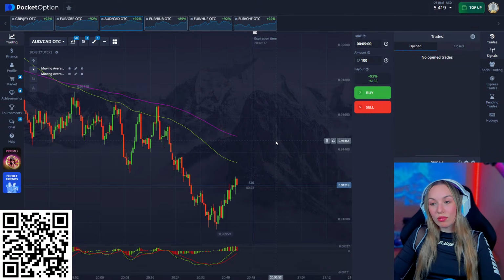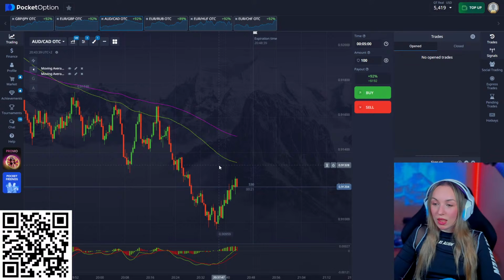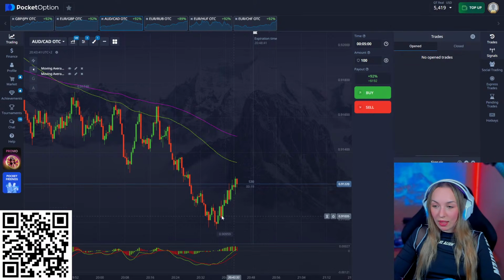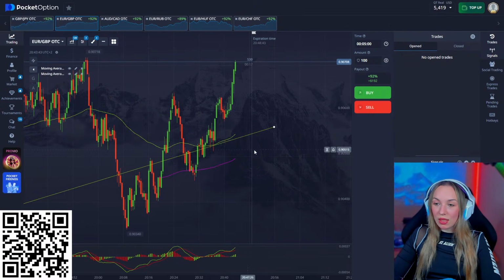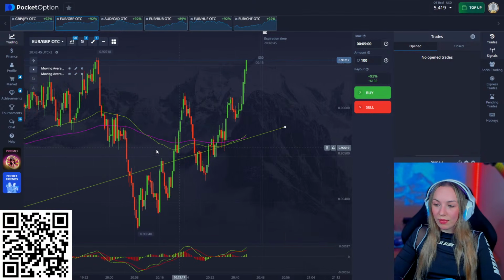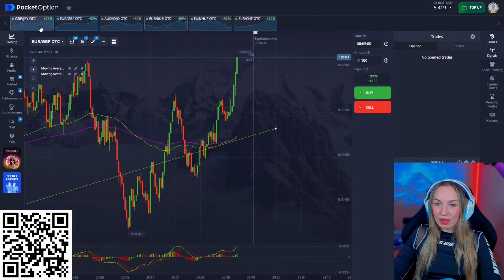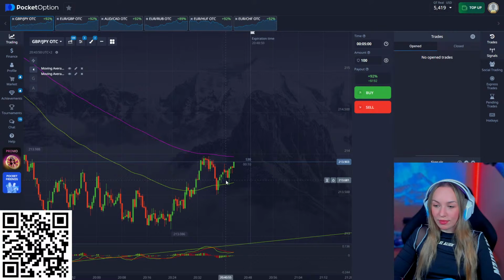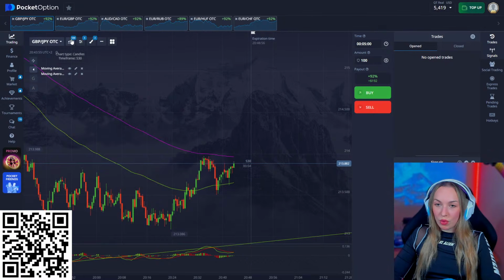AUDCAD, we're waiting here for the downward signal. And actually it's forming, we just need a little bit more time. And GBP JPY seems like it's going up.